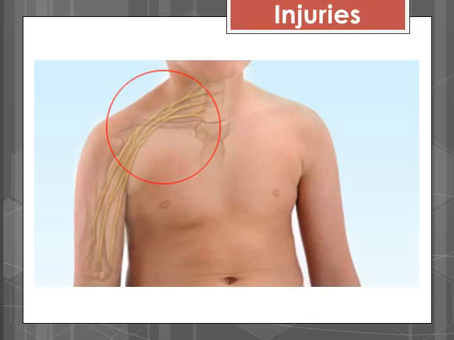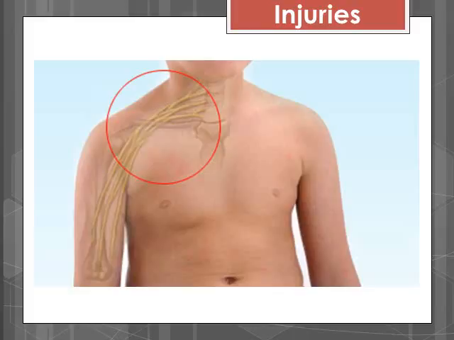A traumatic brachial plexus injury involves sudden damage of any of the nerves that form the brachial plexus, and this may cause weakness, loss of feeling, or loss of movement in the shoulder, arm, or the hand.